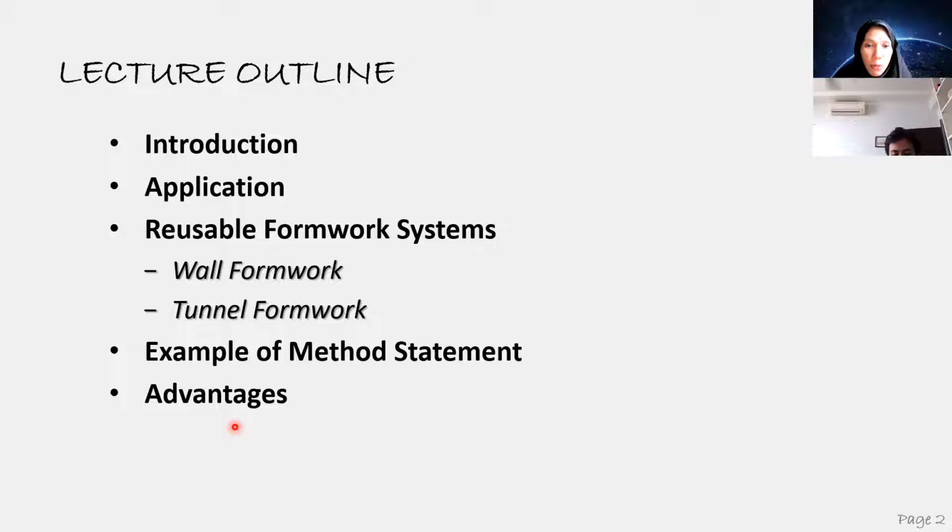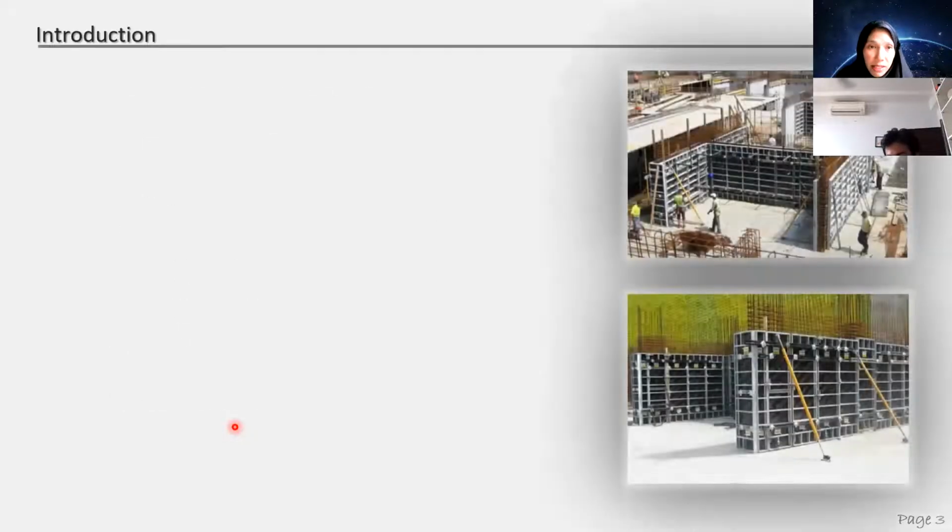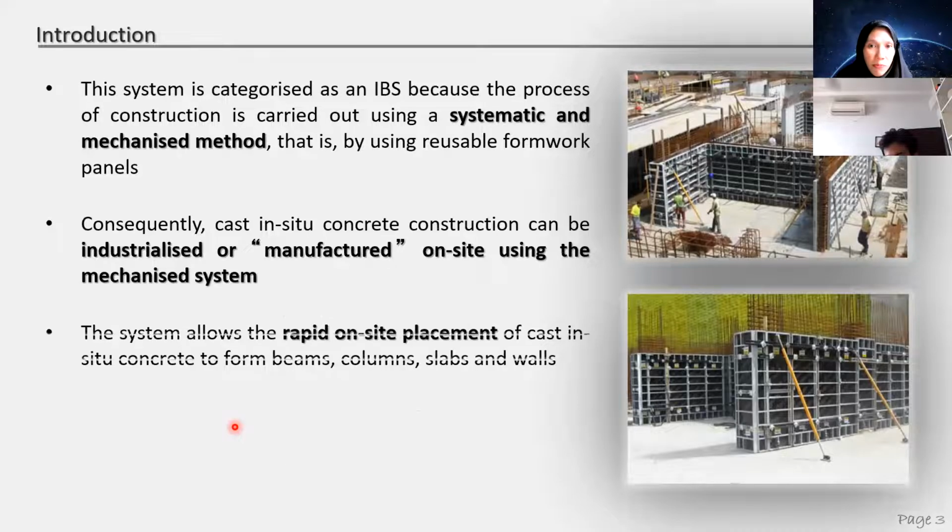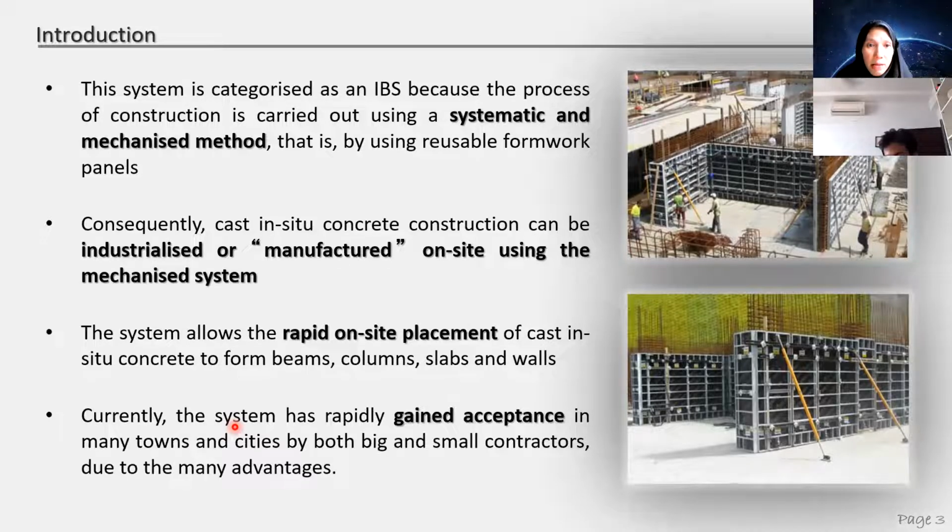You have two types, wall and tunnel formwork, and an example of the method statement and the advantages. This type of IBS is considered a systematic and mechanized method.